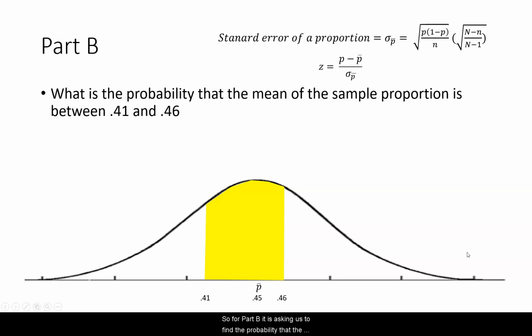So for part B, it is asking us to find the probability that the sample proportion is between 0.41 and 0.46. I put the formula for the standard error of the proportion up here, and the z-score formula adapted to this problem up here in the corner as well. Before we go any further, are we allowed to use the finite correction factor in our calculation here?